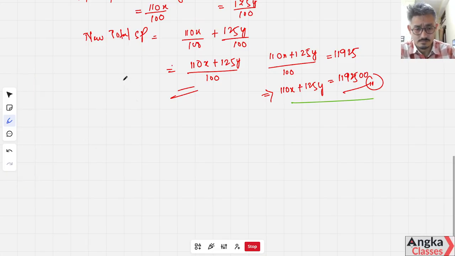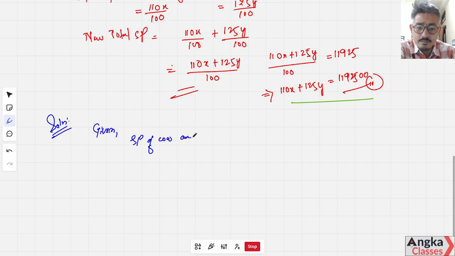My suggestion is to write down the data from the question. Given the question, there is a selling price of cow and calf, which is rupees 12750.